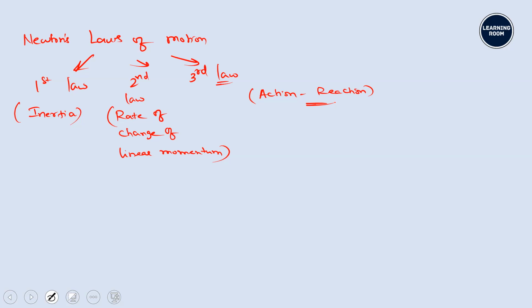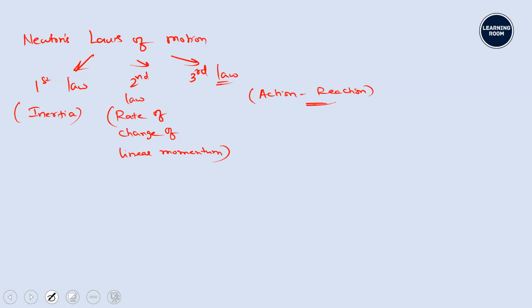Because there should be some property associated with this bottle also. So what do you call that property? That's what is called inertia.